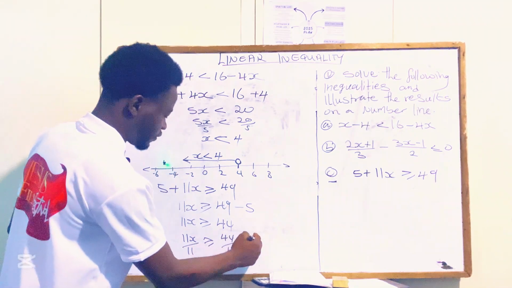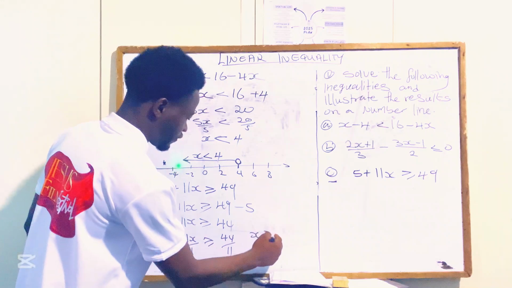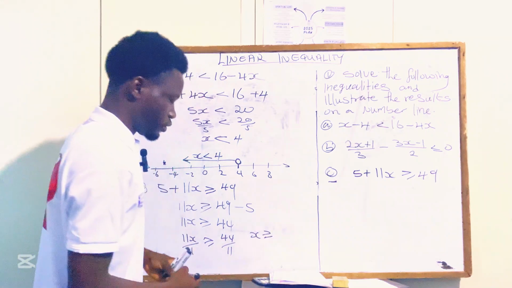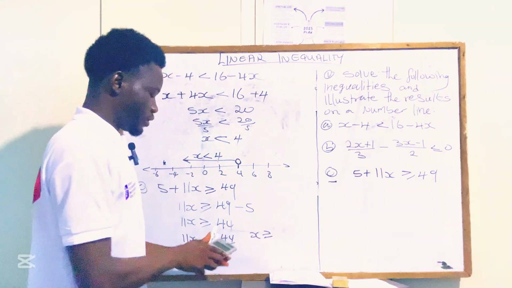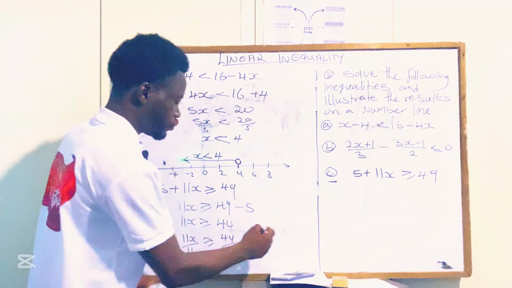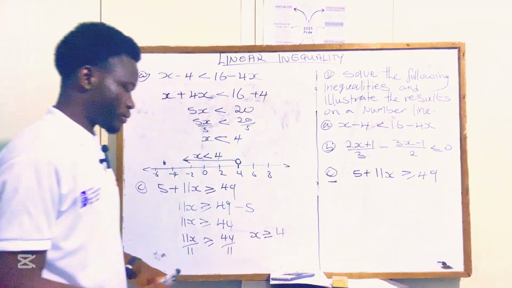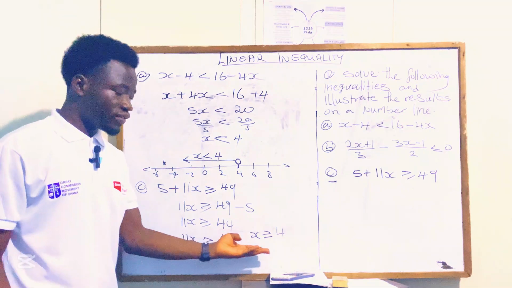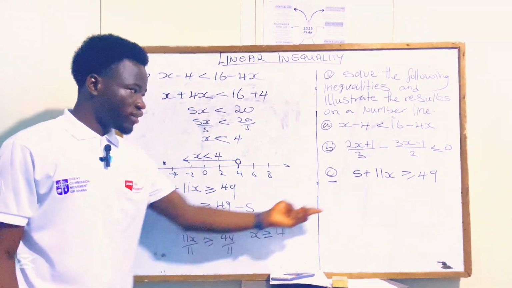Then it means that your x is greater than or equal to, so 44 divided by 11 is going to give you 4. So you write the 4 there. Alright, so this is the solution for this one.